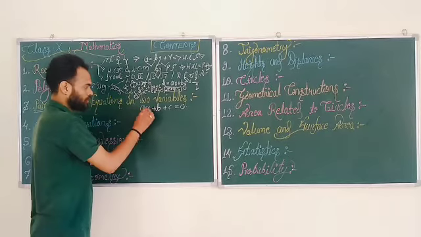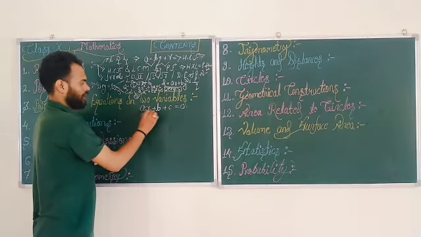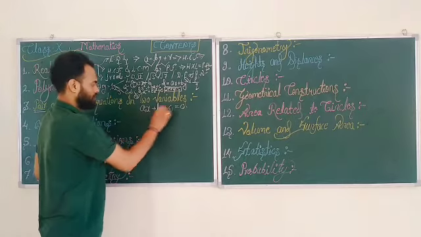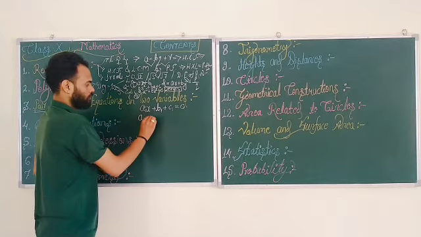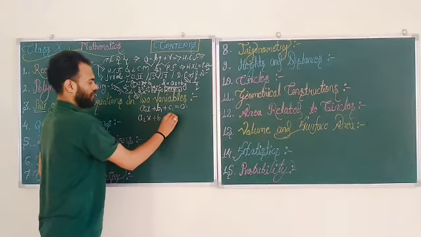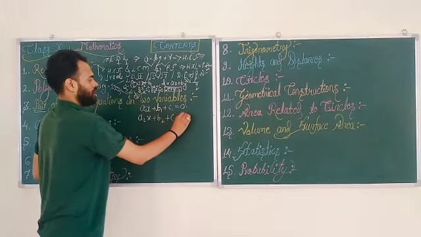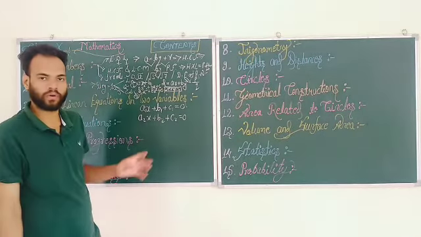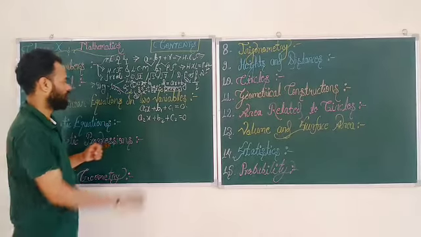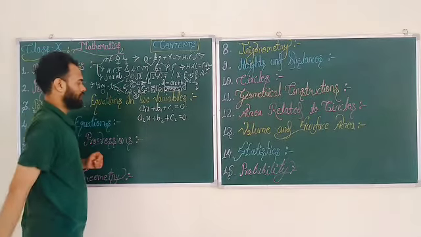Now in the case of a pair, you will take a1, b1, c1, and a2, b2, and c2. Here a and b are real numbers, c is also a real number. This is the constant term, and these are the variables.